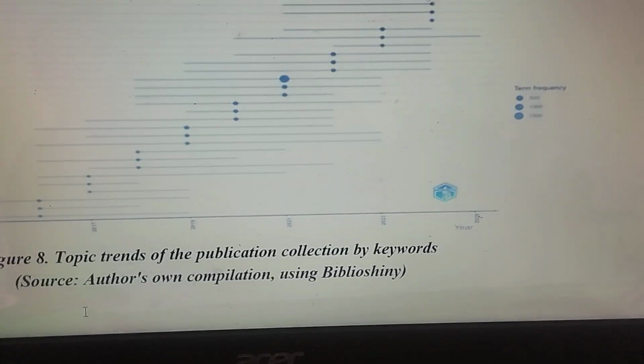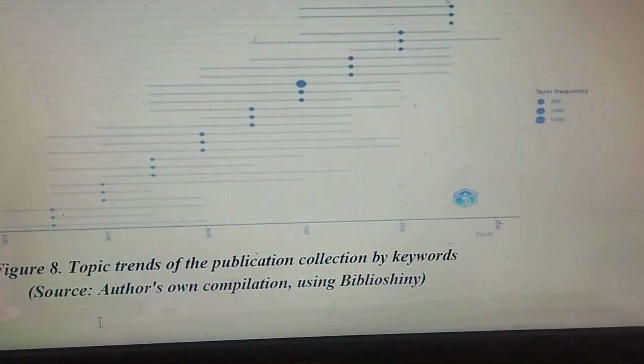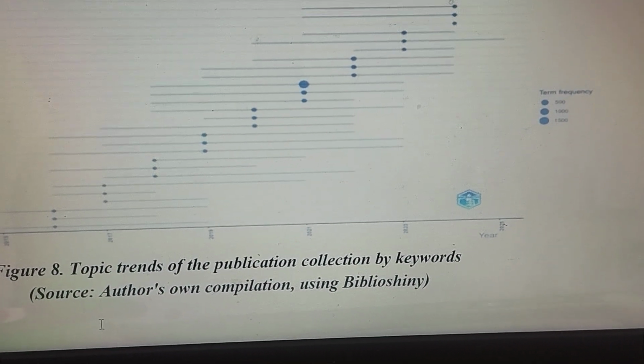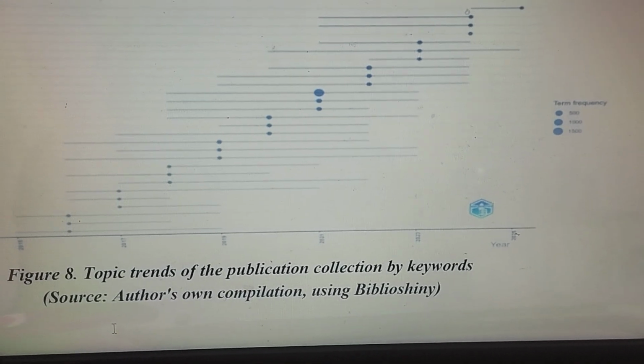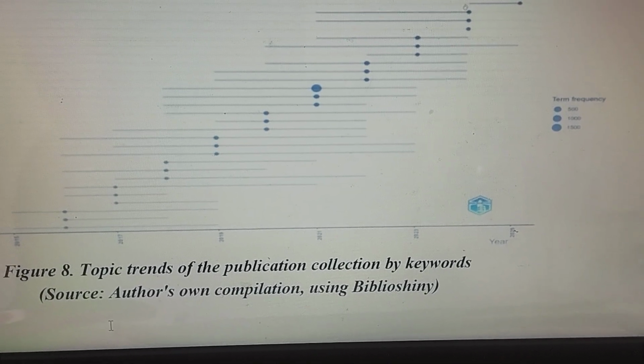The curved line polygon and histograms I think are not there in Biblioshiny, but you can do those types of analysis in Excel. So download the data from Biblioshiny and perform those in Excel.